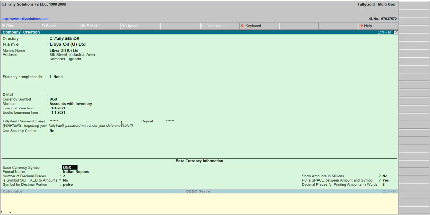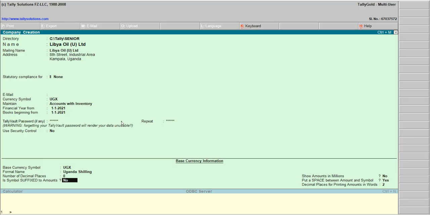No. Base currency, that is UGX. Formal name, Ugandan shillings. That currency symbol, its formal name is Ugandan shilling. Number of decimal places, let's use 0. Is the symbol suffixed to amounts? No.